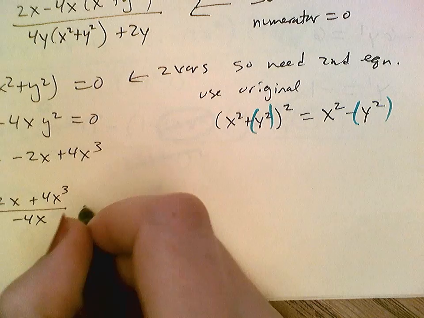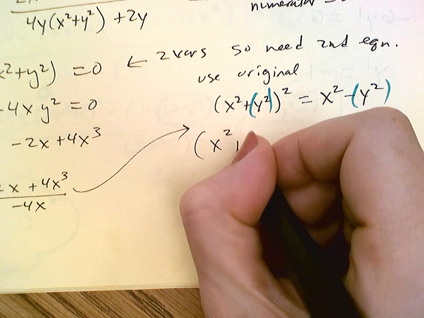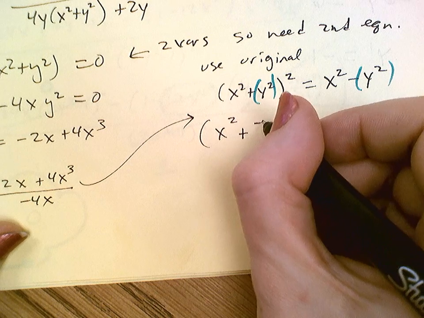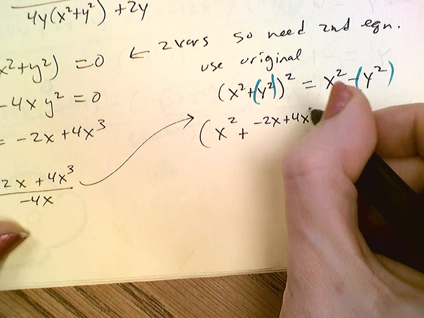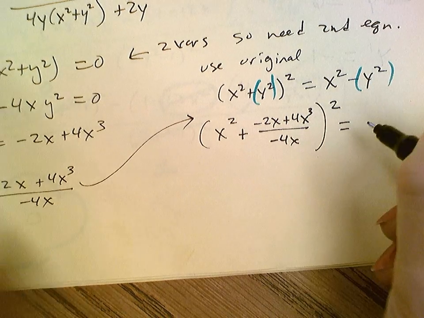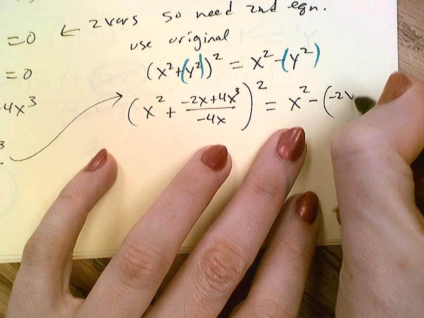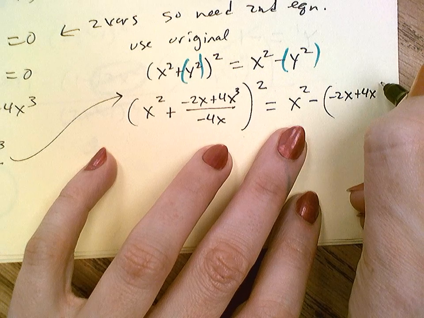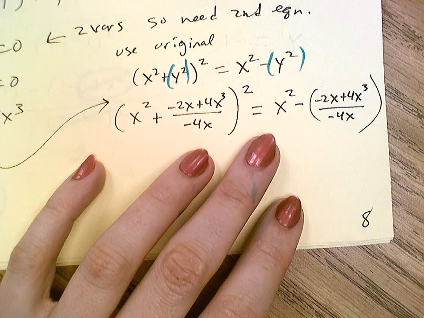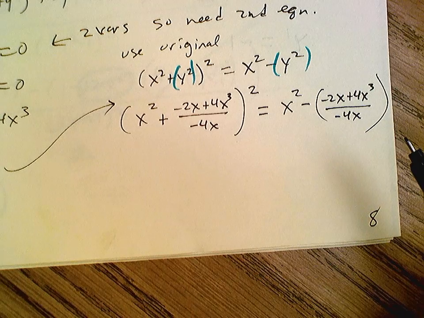So plugging in there, this becomes x squared plus, and this whole thing is going in for y squared: (negative 2x plus 4x to the third) over negative 4x, squared, equals x squared minus (negative 2x plus 4x to the third) over negative 4x. Oh, this will actually be kind of nice, I think.